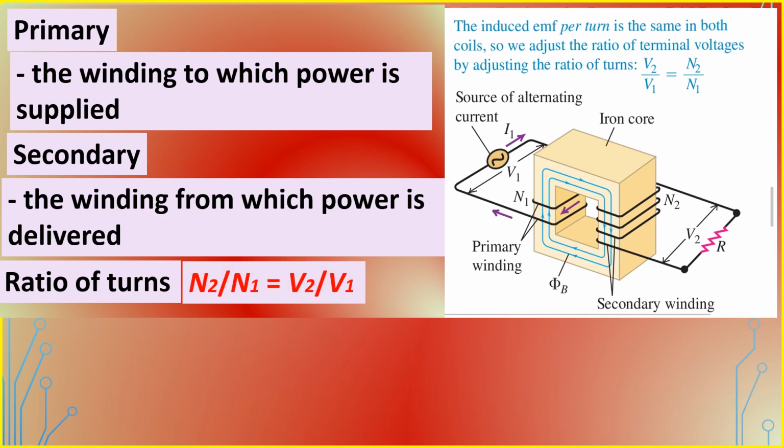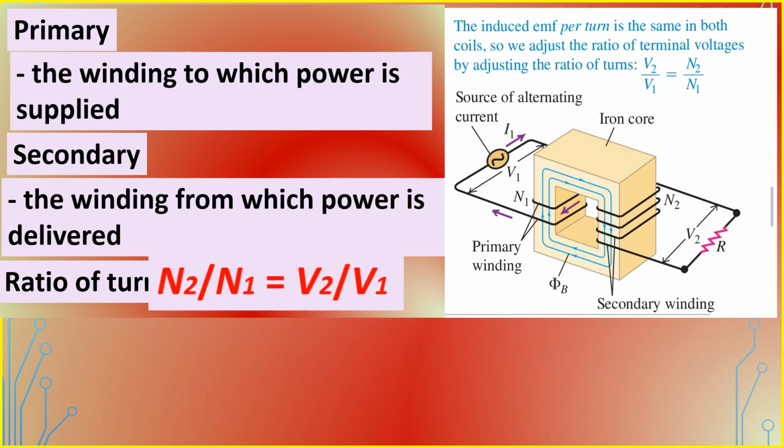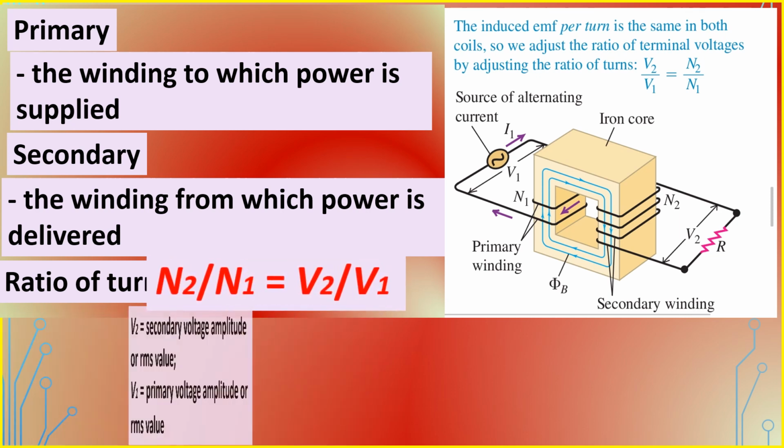If N2 is greater than N1, then V2 is greater than V1, and we have a step-up transformer. If N2 is less than N1, then V2 is less than V1, and we have a step-down transformer.